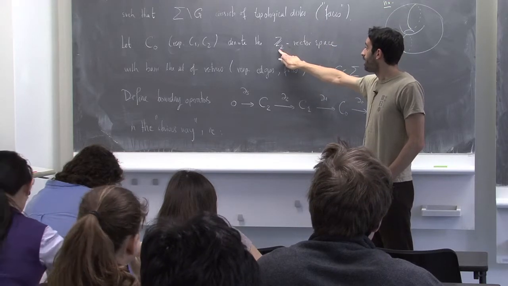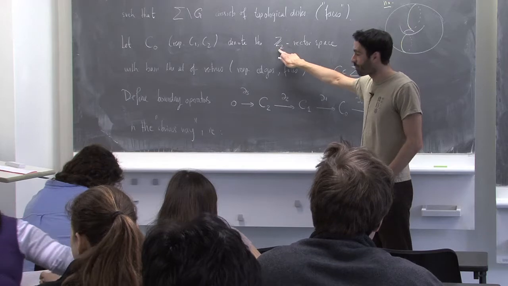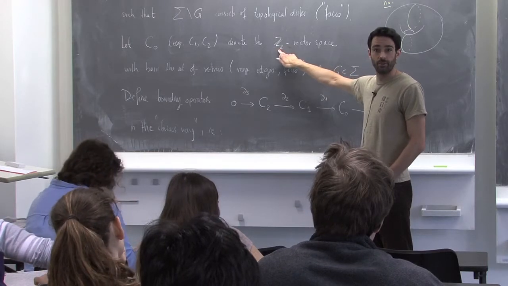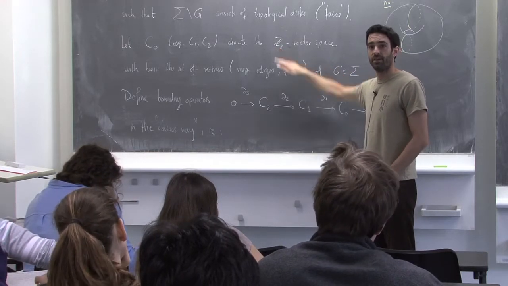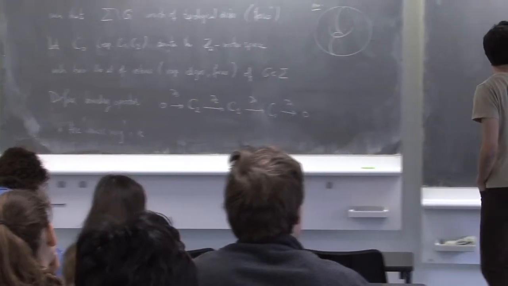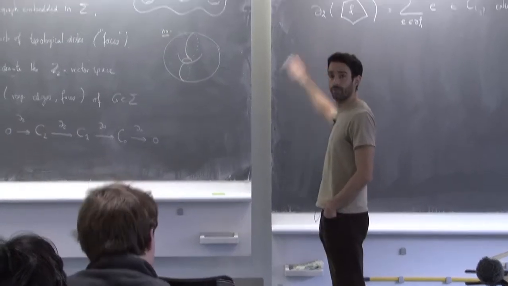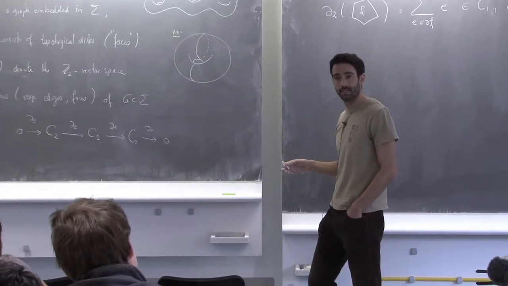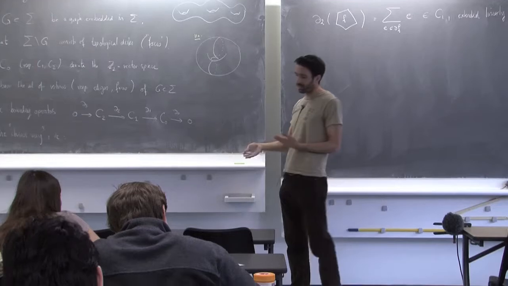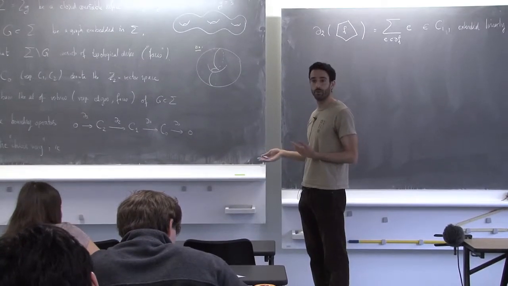And then if you work in something that is not of characteristic 2, then you will need orientation. Then things get much more tricky, just the definitions here. But here it's miraculously simple. You just sum everything. You don't care about signs because you don't care about orientations because you're working modulo 2.